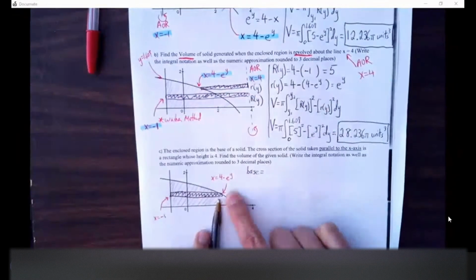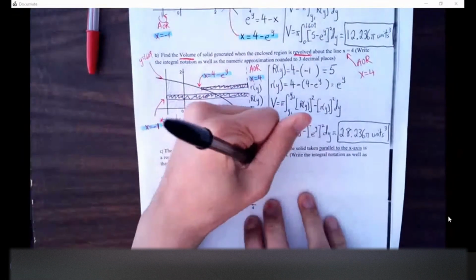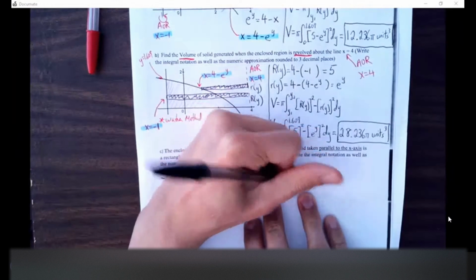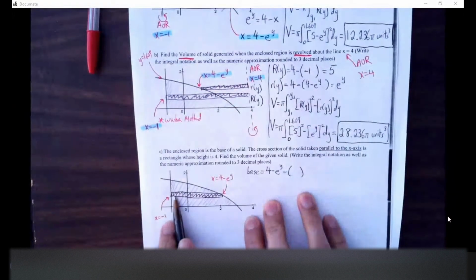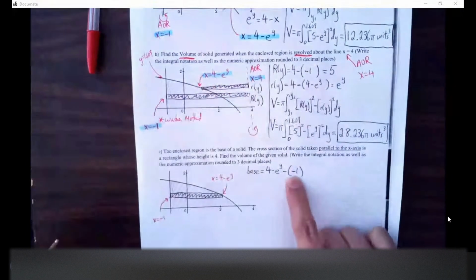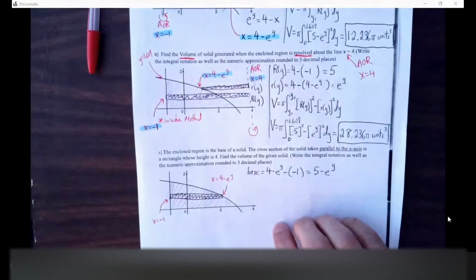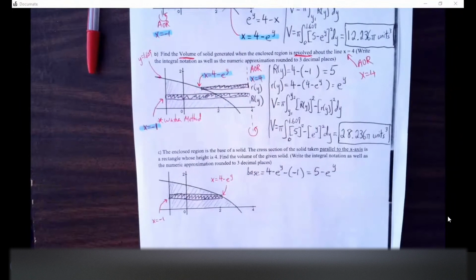Right endpoint is sitting at the 4 minus e to the y. Minus parentheses, left endpoint is sitting at the -1. Two negatives become positive. 4 plus 1 is 5. All right, we have our base length.